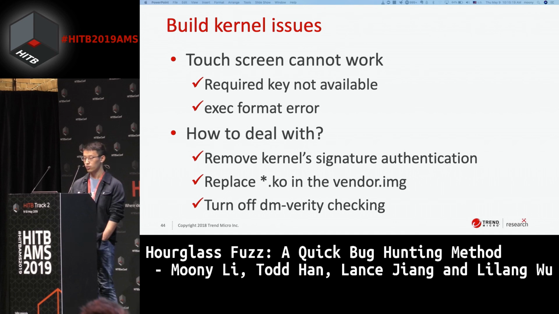The solution is to remove the signature authentication of the kernel and modify the files in the vendor.img provided by Google. Last but not least, we need to turn off the DM-verity checking. Otherwise, the new vendor.img will fail to load.